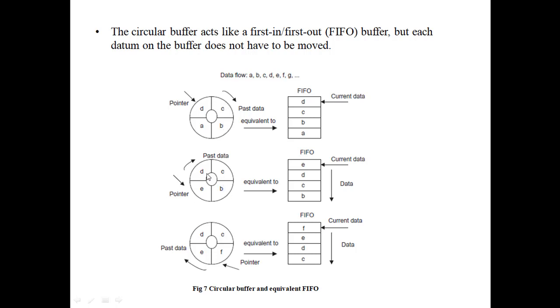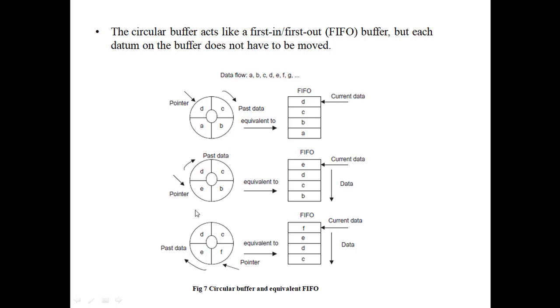B, C, D remain there itself. The only thing is the pointer, which previously was pointing to D, now points to E. Now the past data is D, C, B, right? When the next new sample F comes, F occupies B's position, and the data pointer is pointing to the newest data, which is F. These are all past data, and this continues.